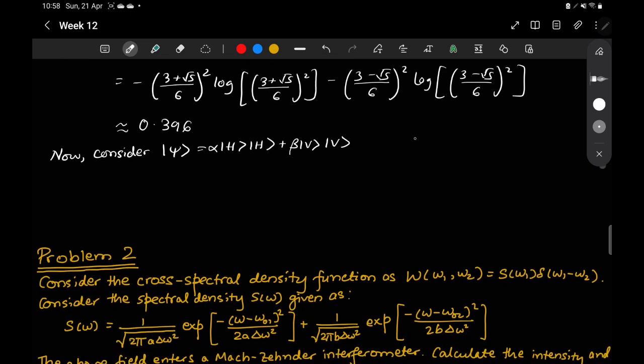Consider this state, and obviously alpha squared plus beta squared equals 1 for normalization. Now in this, this is the Schmidt decomposed form itself. So we can write down the entanglement of formation. This will be the following.